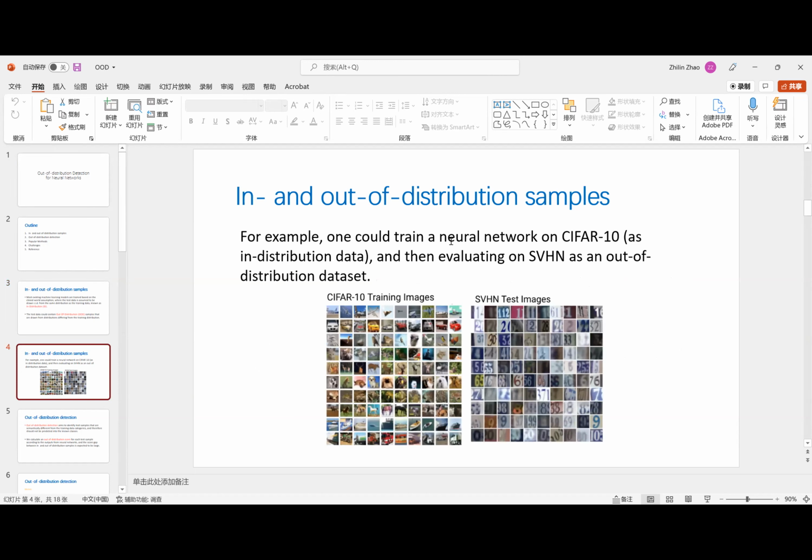If you train a neural network on the CIFAR10 dataset, you can also evaluate the network on another dataset, like SVHN. And your network will also provide some predictions for the test samples from SVHN. So you want to detect these out-of-distribution samples and reject the predictions for these test samples.